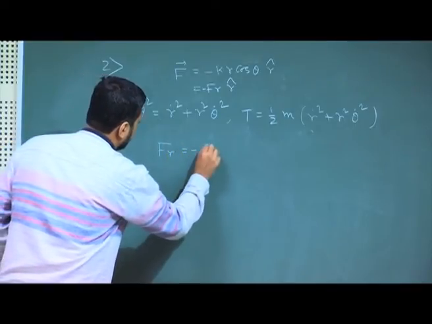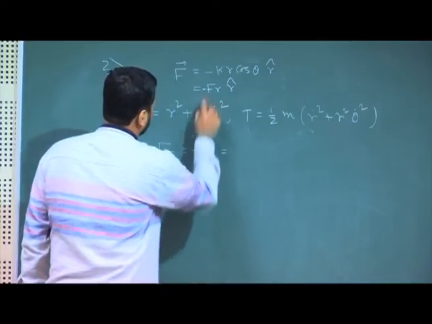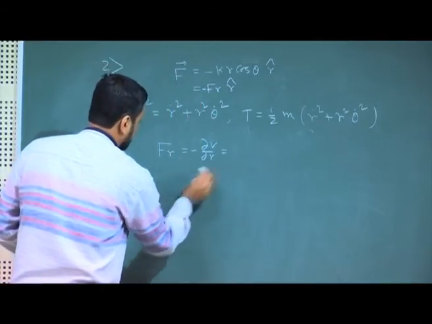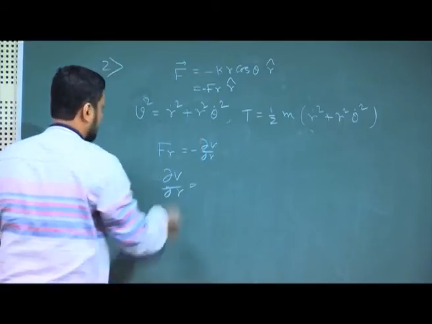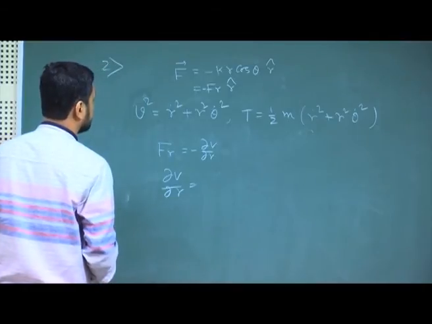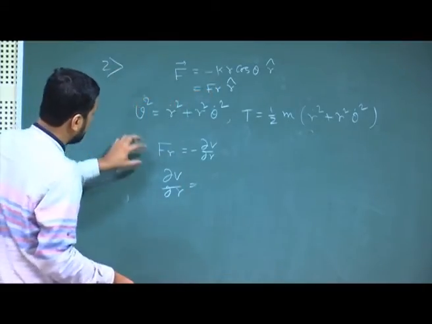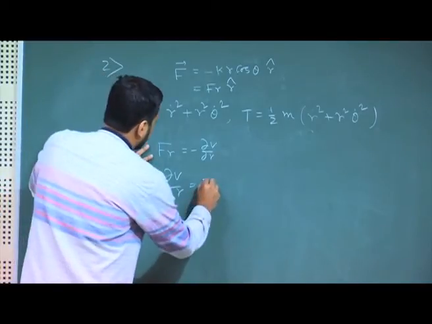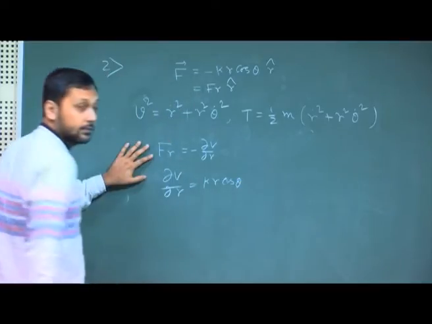So, F_r is equal to minus del V del r, which is given by, if we write the expression of F, or rather this is F_r, not minus, the minus sign will be included in here. So, we will get k r cos theta, right.